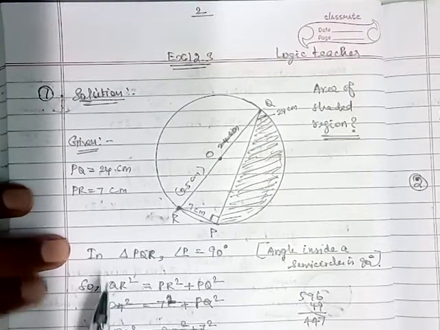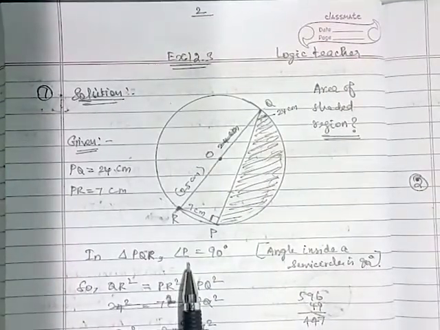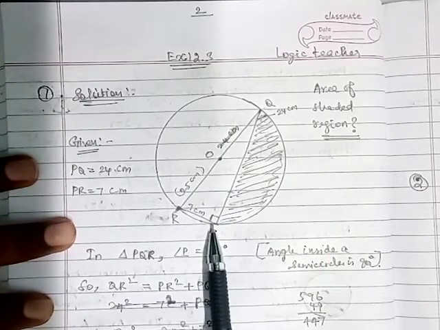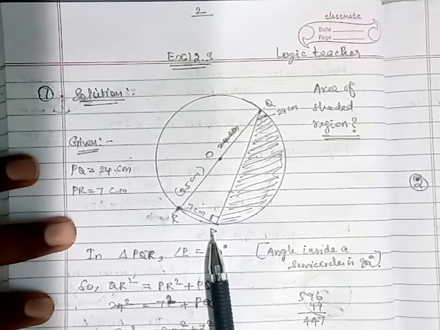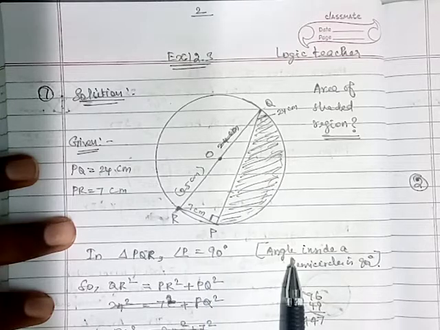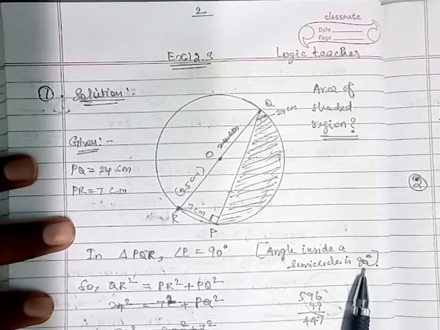Okay, so in triangle PQR, angle P is 90 degree, right? Why 90 degree? The angle inside a semicircle is always 90 degree.